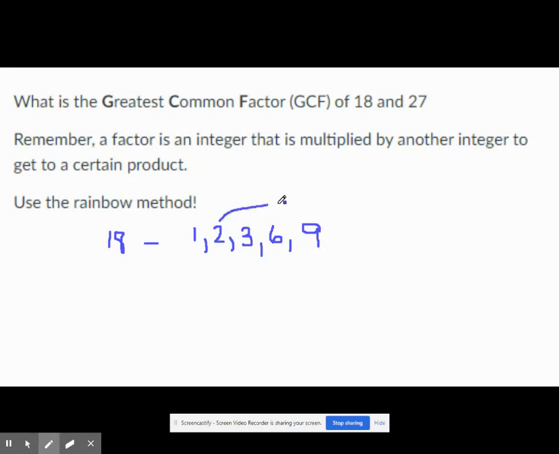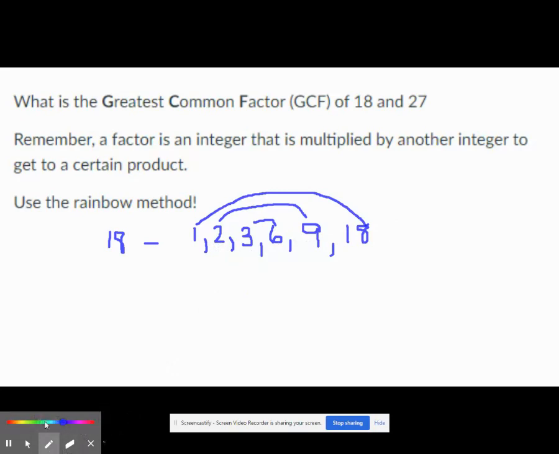So that's a rainbow. Here's a rainbow. And remember, 1 was our next one, and we know that is 1 times 18. It's the next factor that's going to go with it. Can't be anything else in between. So here are our factors. We have 1, 2, 3, 6, 9, and 18.